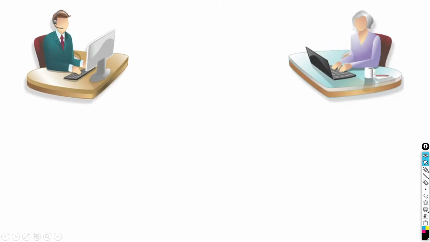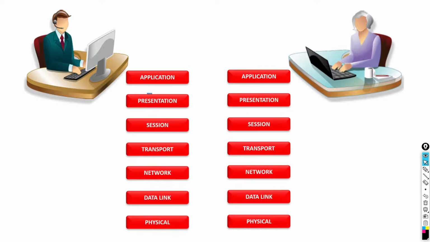Now next, let me show you how exactly data travels in a network. As you can see in this given diagram, there are two users.